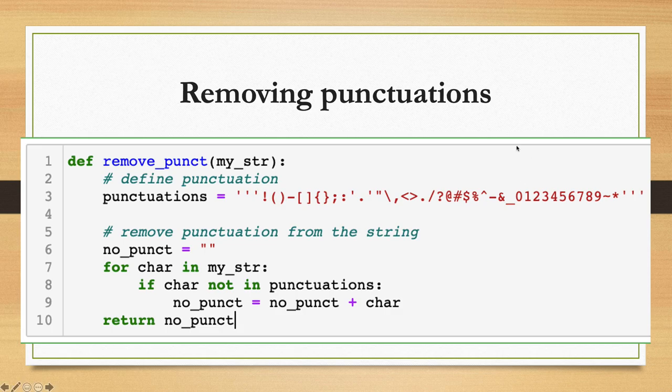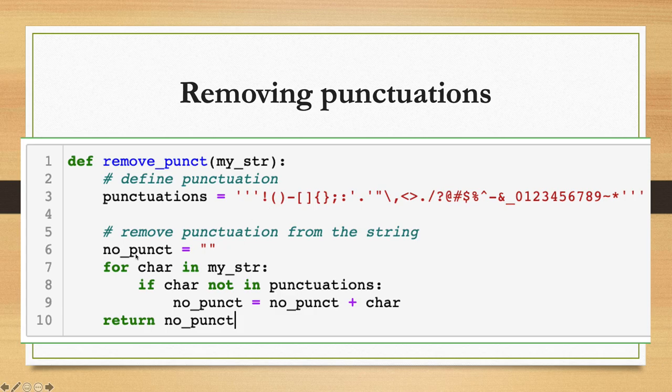So when we say punctuation, you have different punctuation which can be found in your text document. We have this function: you pass the string, and then you first define your punctuation, which is a string constant value.